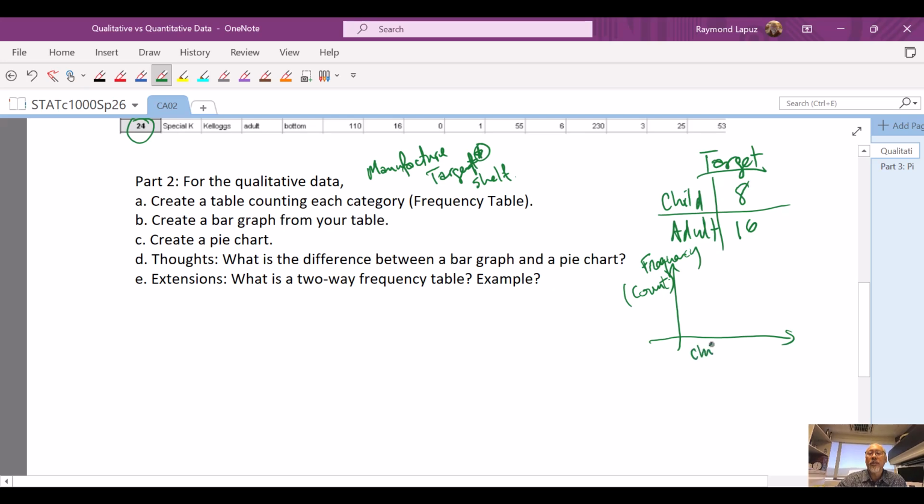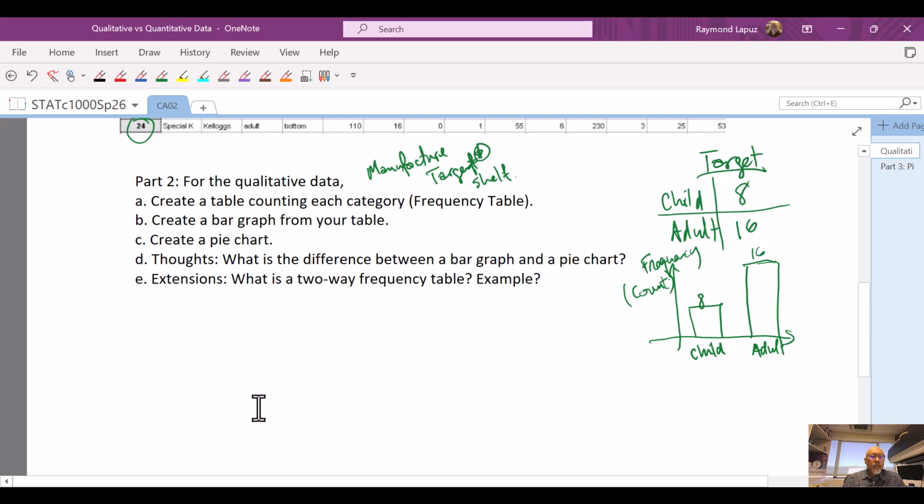We got child and adult. So the child is 8, and then the adult is 16, so it looks like it's twice as much. And we can label them. Usually it's good to label 8, 16. You can design these things any way you want.